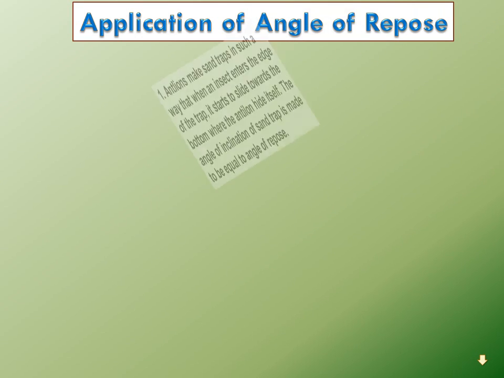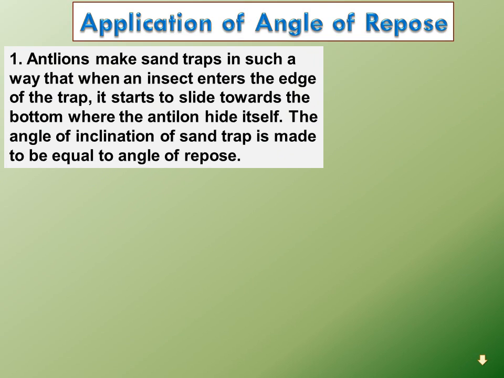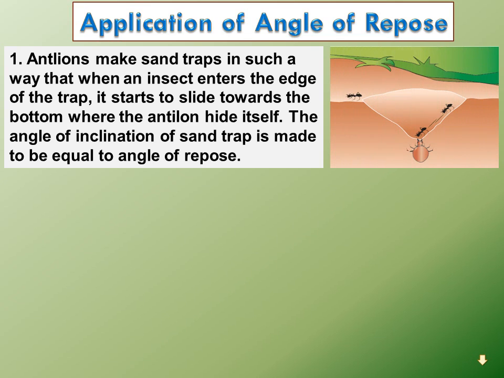Application of angle of repose. Let's see where this angle of repose is applied. First one, antlions make sand traps in such a way that when an insect enters the edge of the trap, it starts to slide towards the bottom.